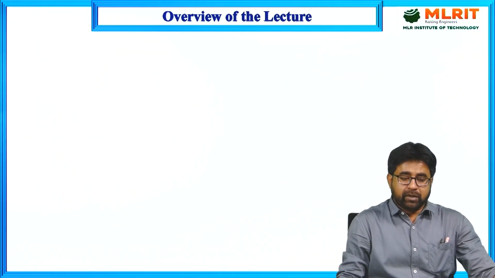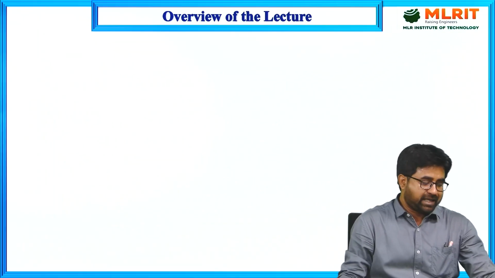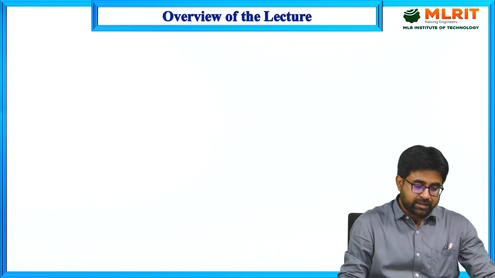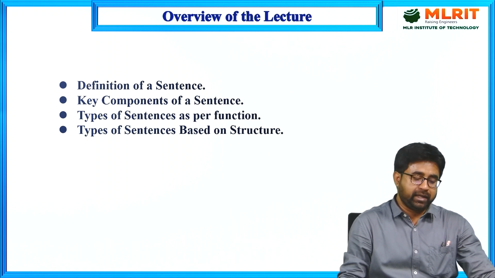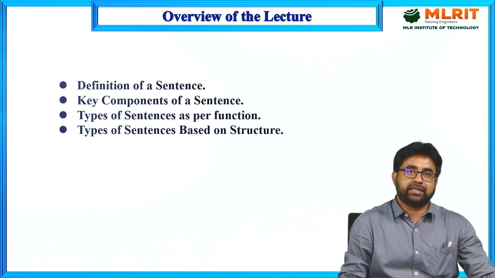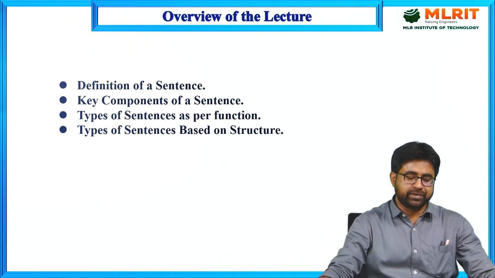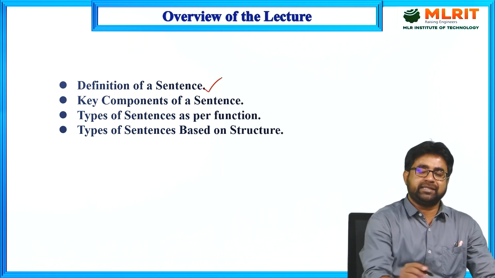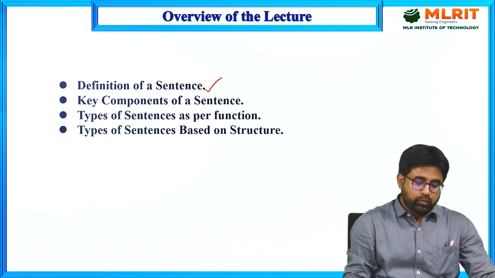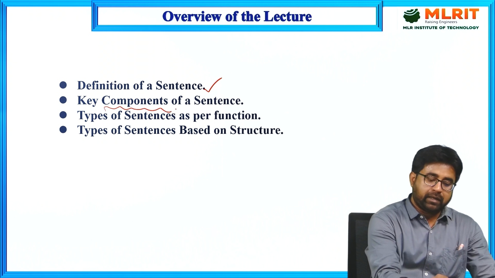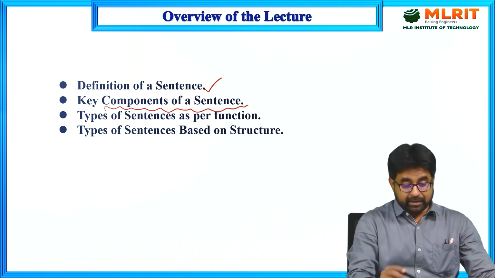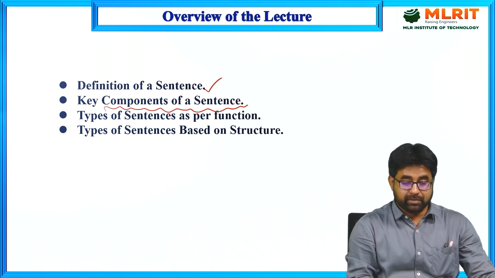So let's see what is the overview of today's lecture, what are the aspects that we are going to cover. The first thing I will be talking about is the definition of a sentence. This is the very basic thing. First we will talk about the definition of a sentence, and then we will discuss the key components of a sentence, which will help us understand the definition in a much better manner.